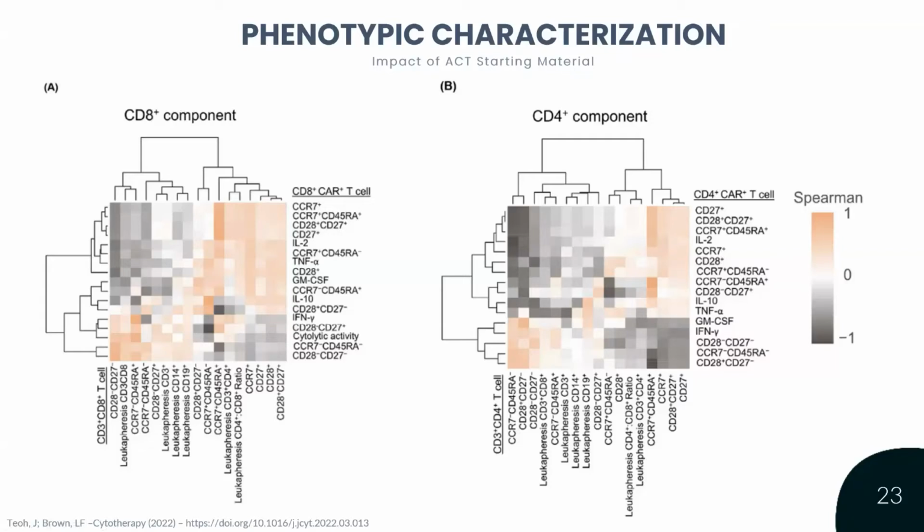A lot of manufacturing processes still just focus on isolating basically all the CD8s and all the CD4s. But what their work shows is that naive T cells might be a lot better at secreting IL-2, whereas differentiated, terminally exhausted T cells are a lot worse at secreting IL-2.